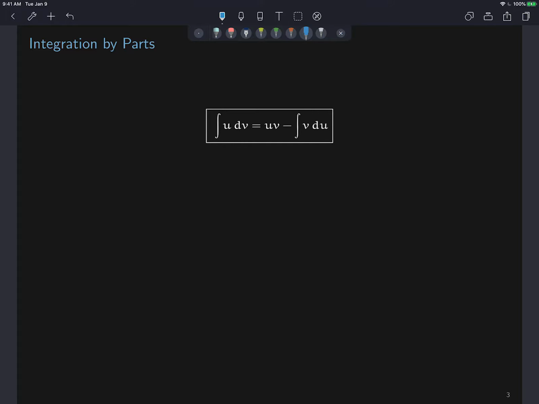Now, how do we use this? Why is this useful? Well, because sometimes you're going to be asked to integrate functions that are products of stuff like x cosine x. And in an example like this, which I'm going to do in a few minutes, you're not going to find a simple function that works. But we're going to identify one of them as my u, and my other one is going to be my dv.